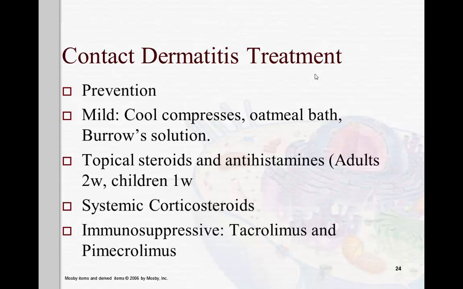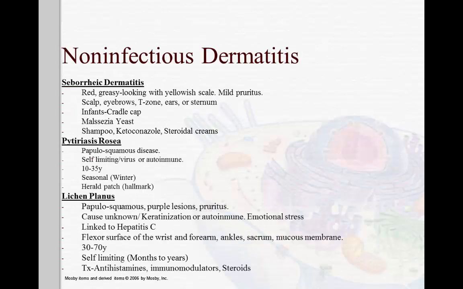So for atopic dermatitis as well as for contact dermatitis, it's best to treat with antihistamines due to mast cell degranulation and IgE released in type 1, which is for atopic dermatitis, as well as topical steroids for both atopic and contact dermatitis, since this is an inflammatory reaction. Now, if it doesn't work, you could go up to immunosuppressives, but it's rarely necessary. You could use cool compresses, oatmeal bath, boron solution, and prevent dryness of the skin, because the drier the skin, the more itching, and the vicious cycle continues.